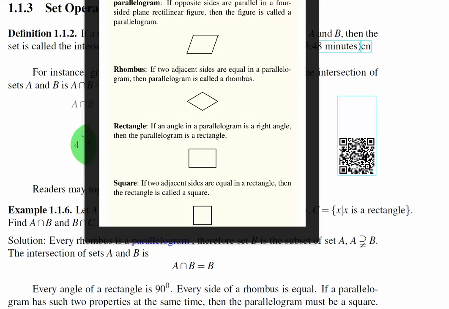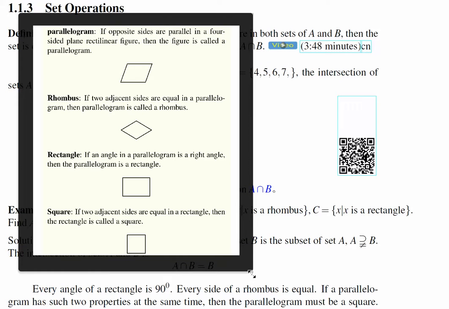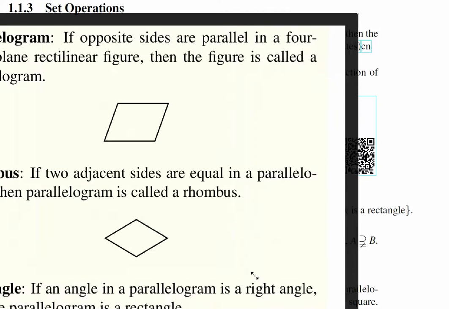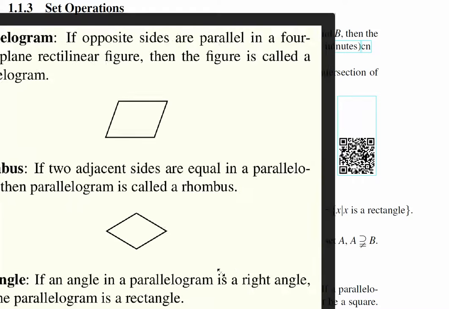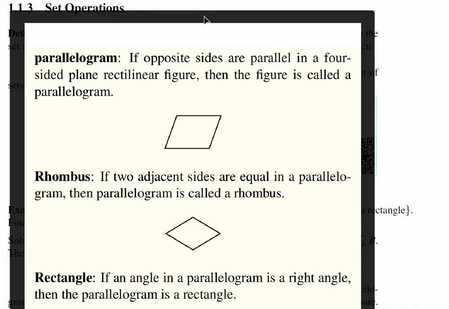You see a screen will pop up. You may adjust the size right here. You see, what's the meaning of parallelogram? That's like this. 2 opposite sides are parallel. You see this side and this side are parallel, and so are this side and this side.